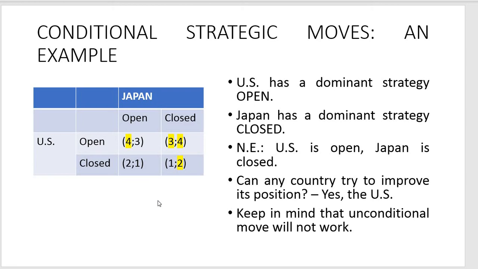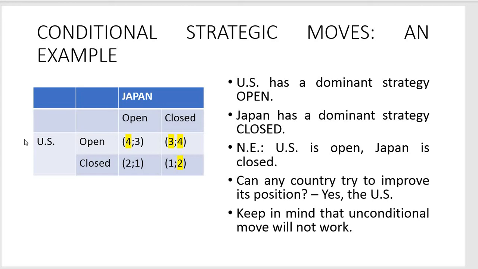This is not true for the United States, because the United States gets 3, and the United States could get 4. So what I mean is that Japan has no incentives to apply any kind of strategic moves, but the United States actually has some incentives. So take a look. What can the United States do in this case?